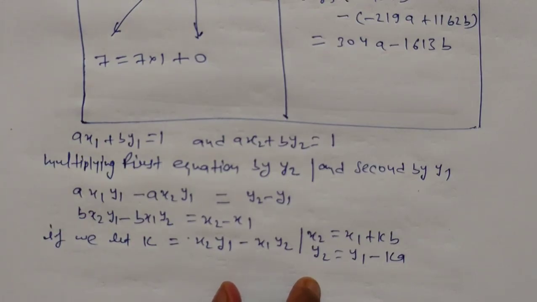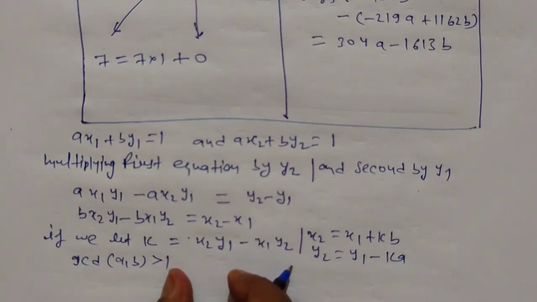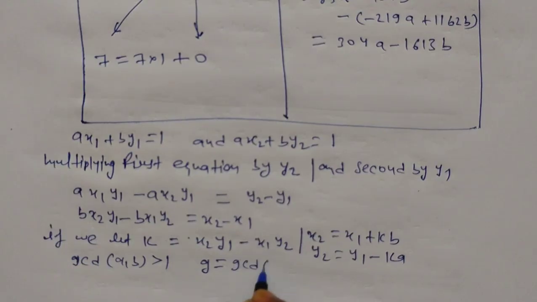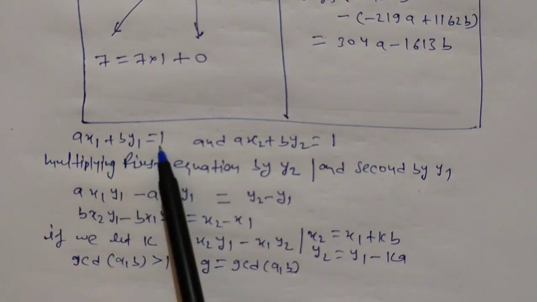So here we can see if the GCD of a and b is greater than 1, then in this case, to make the formula, let G be the GCD of a and b. We know from the Euclidean algorithm that there is at least one solution x1, y1 to the equation ax plus by is equal to c.